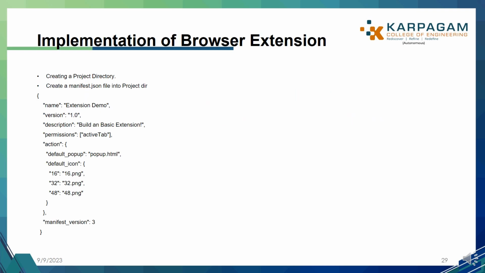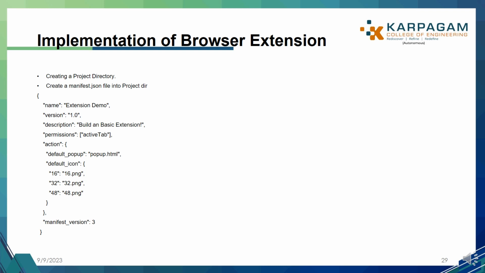So, how to implement browser extensions? Here I wish to show the implementation of browser extensions using JavaScript. First of all, we need to create a project directory, namely a folder, followed by a manifest JSON file which should contain the name of the browser extension, version, description of the browser extension, and permissions, that is represented as activeTab.